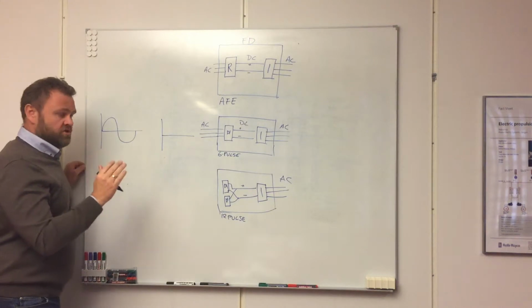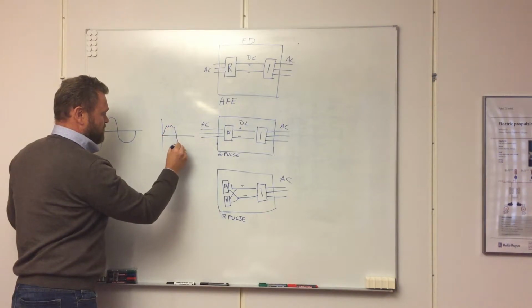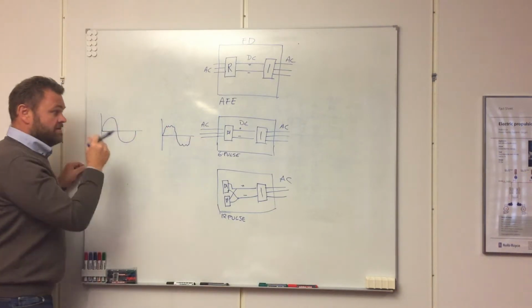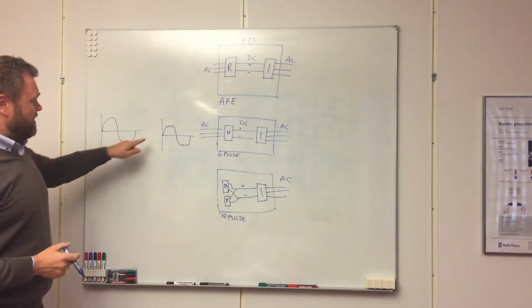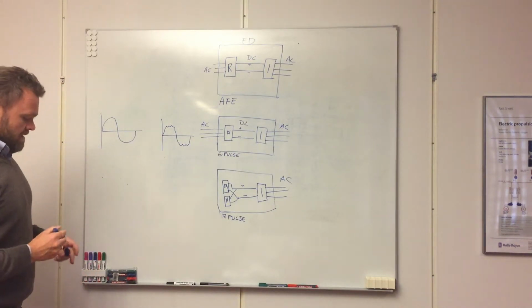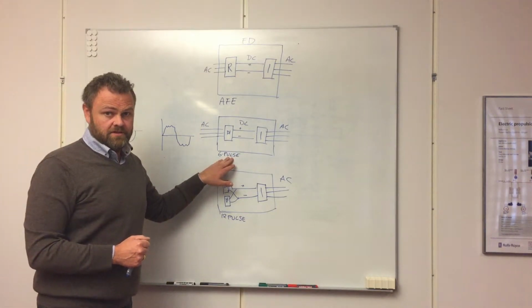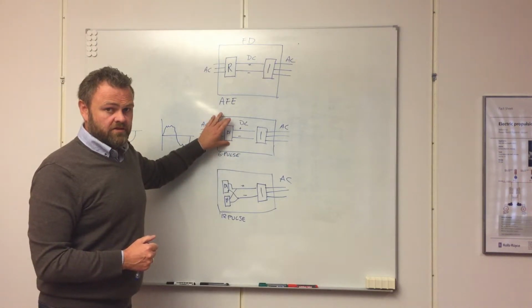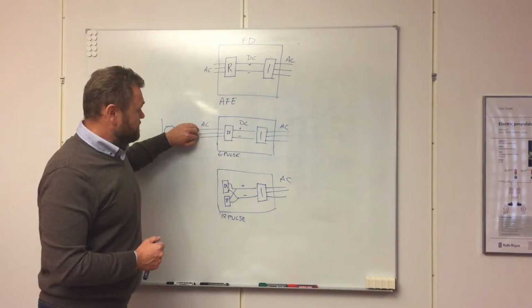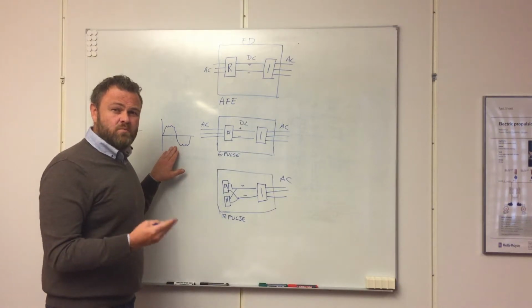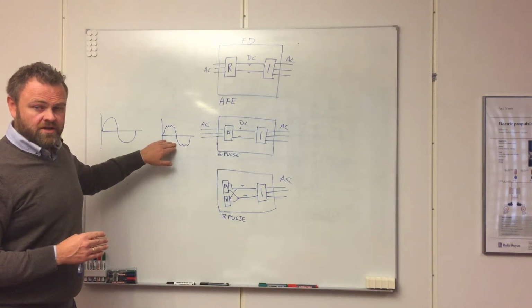You don't have to know much about this, but it's good to know that you will make distortions on the voltage, and the current coming from here will make these voltage drops on the alternating current.